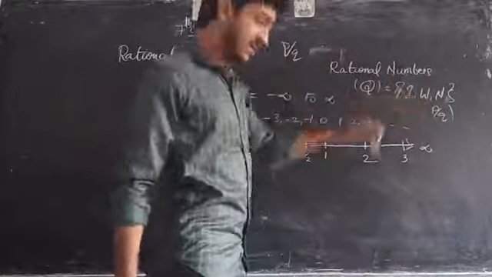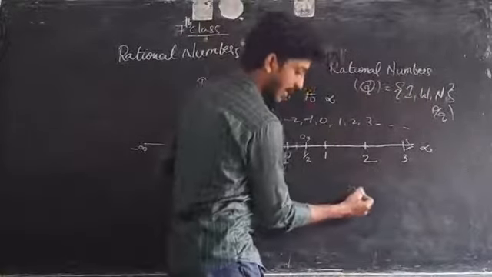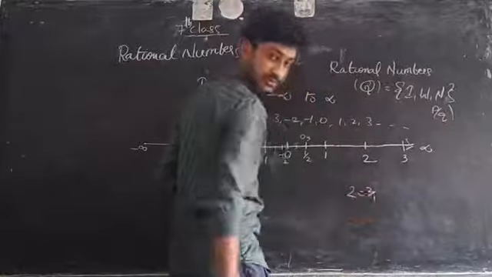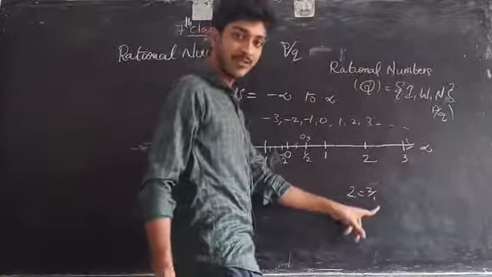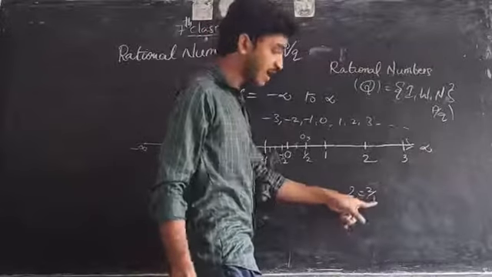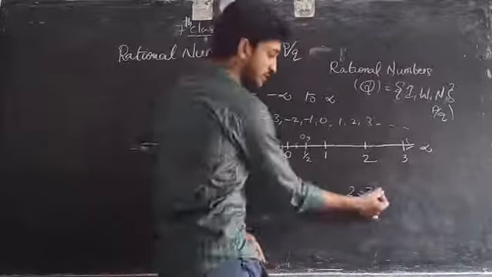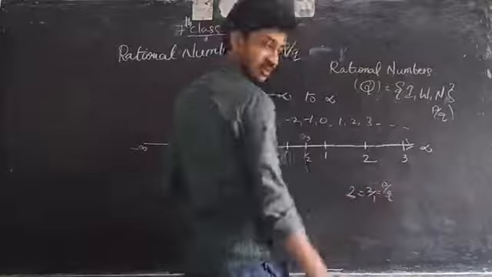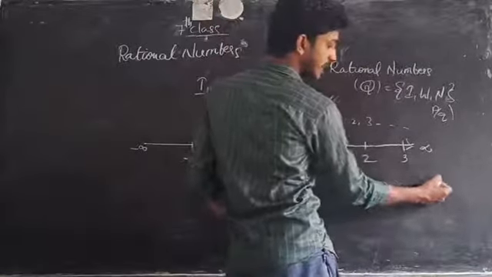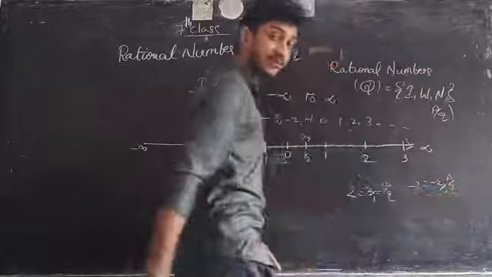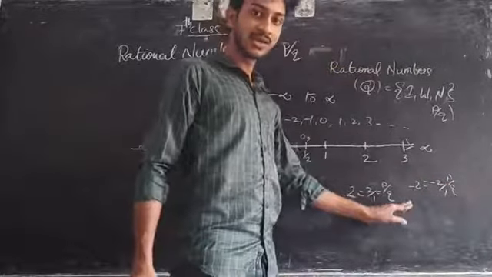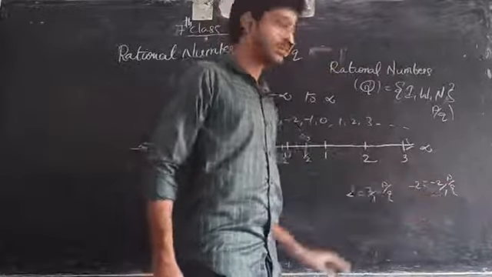Why integers? See here, 2 can be written as 2 by 1, which is 2 divided by 1, equal to 2. That's why 2 can also be written as 2 by 1. It is in the form of p by q. Minus 2 can be written as minus 2 by 1, which is minus 2 only. It is also in the form of p by q.